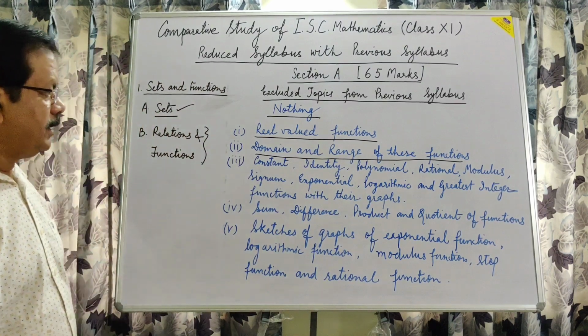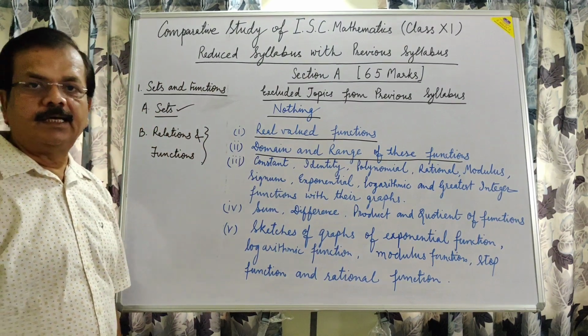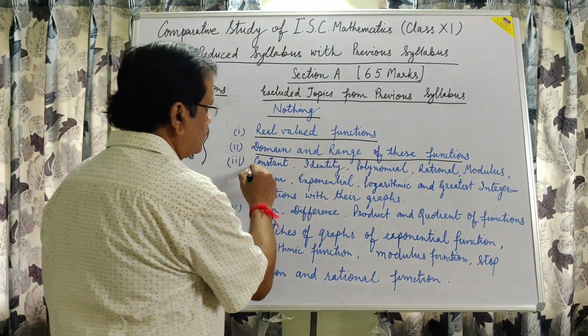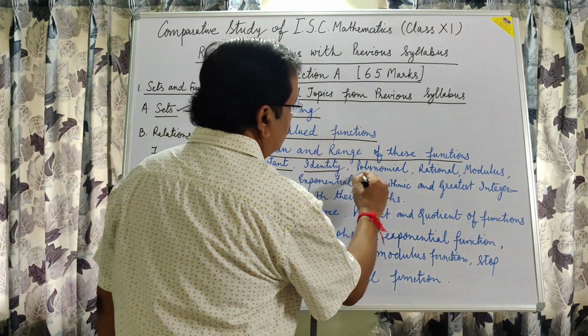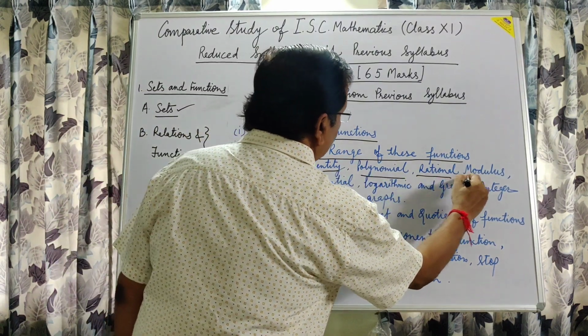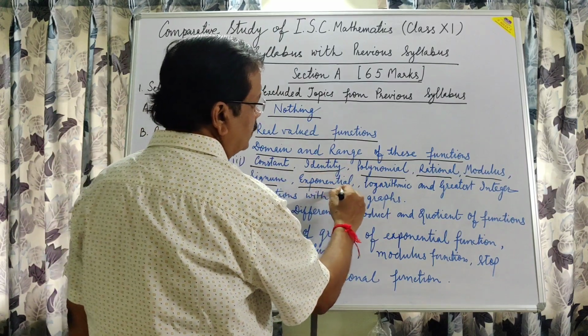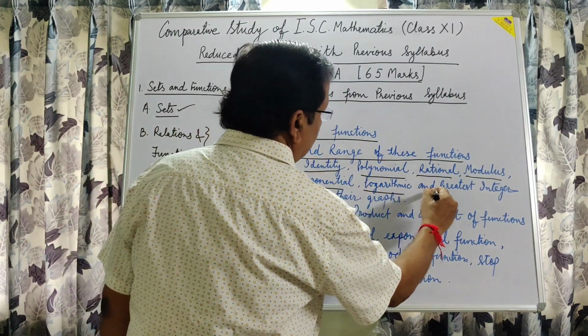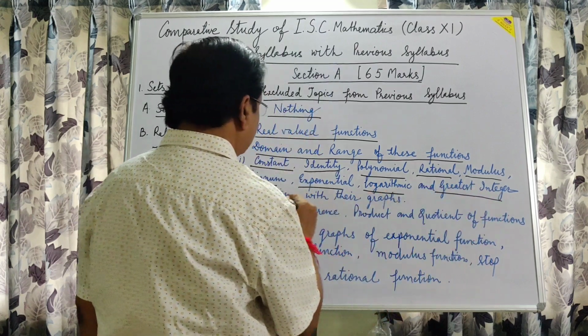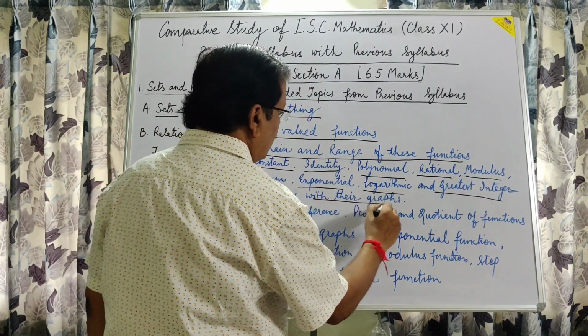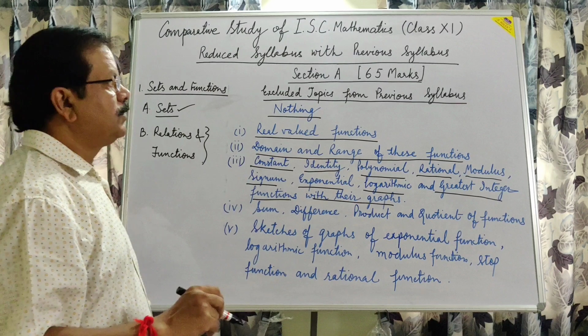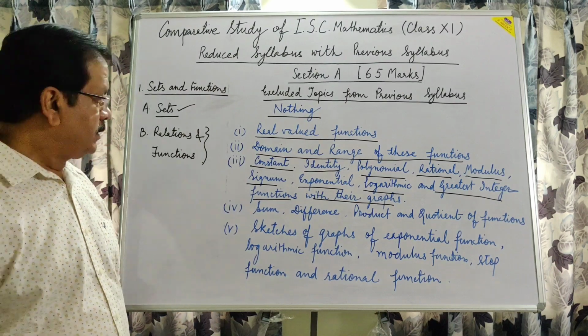Third, certain functions and their graphs such as constant, identity, polynomial, rational, modulus, signum function, exponential function, logarithmic function, greatest integer functions with their graphs are excluded from the previous syllabus.